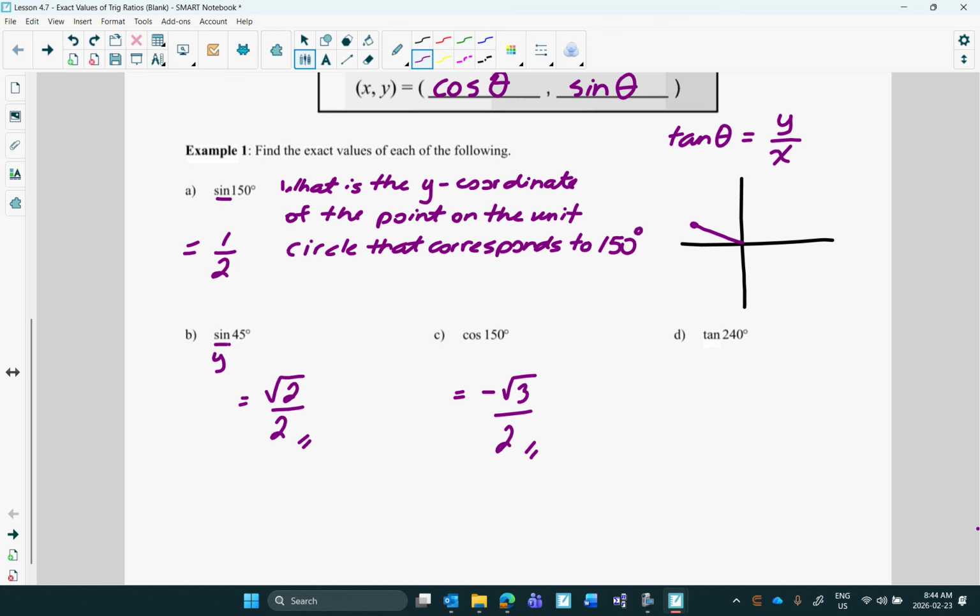Now we got a different one. 240. Where is 240 on the unit circle? Well, it's in quadrant 3. That's 210. That's 225. 240 is the one down here. What's this point?